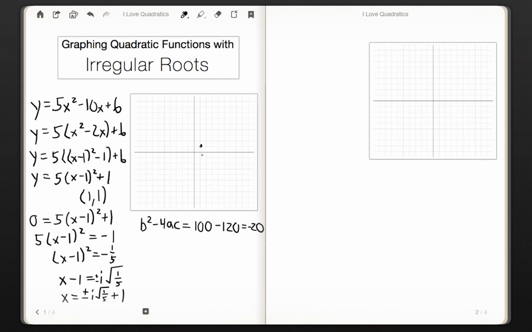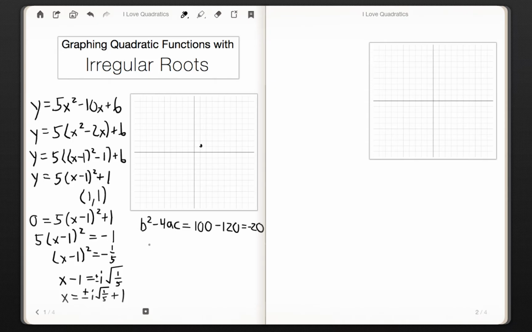So now if there's no roots and all we have is a vertex, then how can we graph this? Well, we can use the y-intercept, the point where the graph crosses the y-axis. On the y-axis, x is equal to 0, so we can substitute 0 for x in the equation.